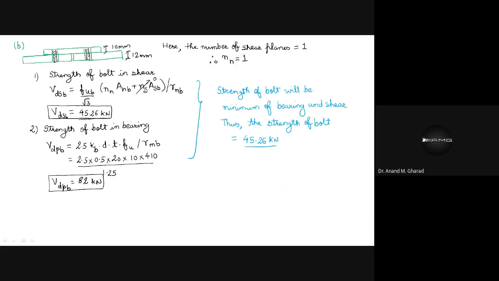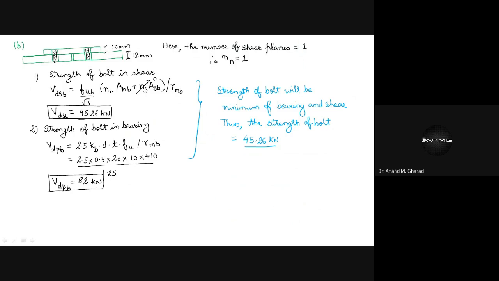So what is the definition of Nn? What does Nn stand for? Number of shear planes with threads interacting with the shear plane. Correct. So that plane should cut the threaded portion, or that plane should consist of threads.